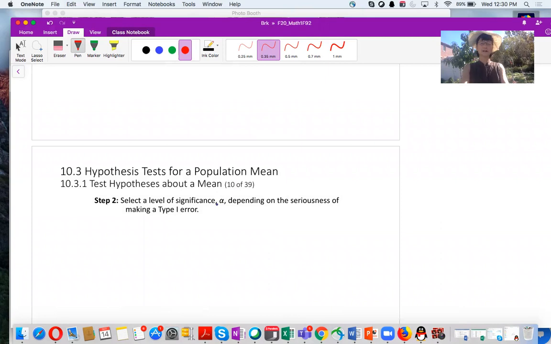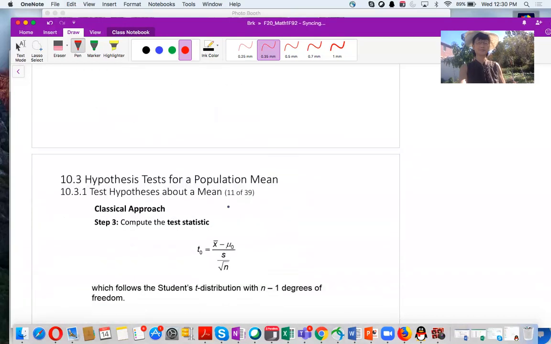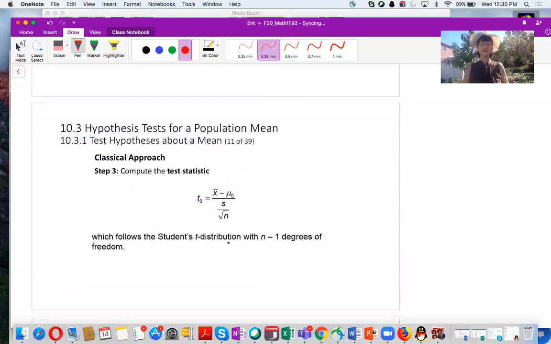Step 2, we select the level of significance alpha: 0.05, 0.01, or 0.1. Step 3, calculate the test statistic T. We sometimes simply use T to omit the subscript T0.